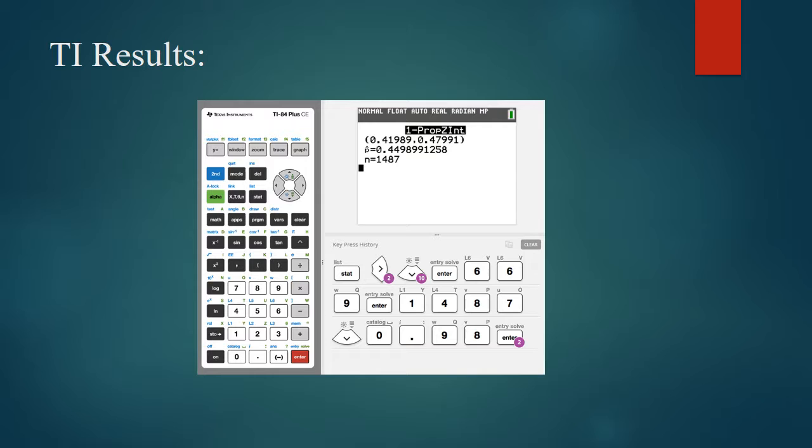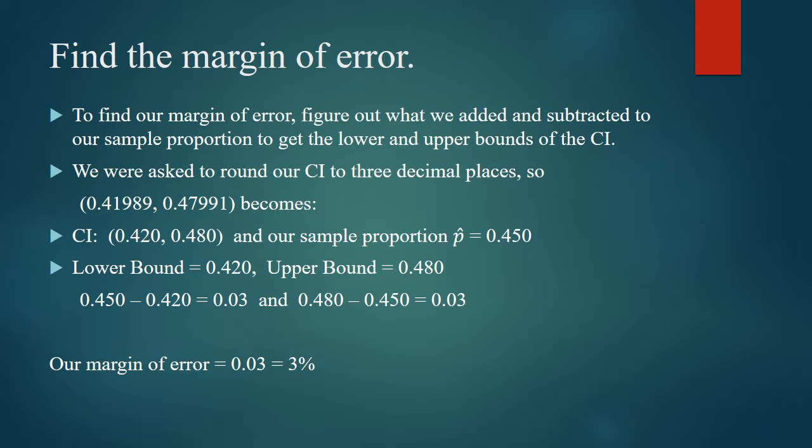The left-hand number in the parentheses is the lower bound of our confidence interval. The right-hand number is the upper bound. Now we were asked to round this to 3 decimal places, and then we're going to find our margin of error. So this confidence interval in the calculator becomes 0.420.